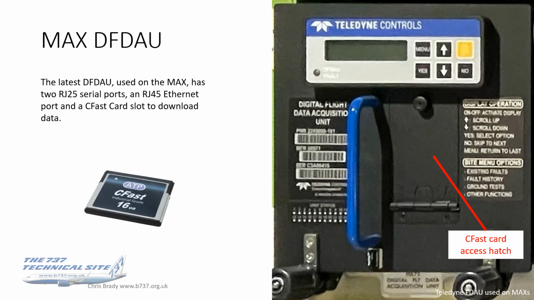Behind the hatch on that, there are a couple of serial ports, a couple of RJ25s and an RJ45, and these use CFast cards to download data if Wi-Fi is not available. CFast is pretty much the same as PCMCIA, only the storage capacity is much higher. You see just on that illustration, that's a 16 gig card instead of the half a gig card on the PCMCIA.